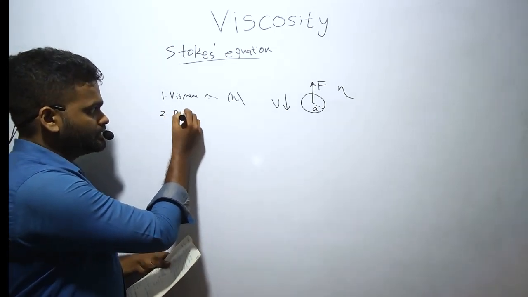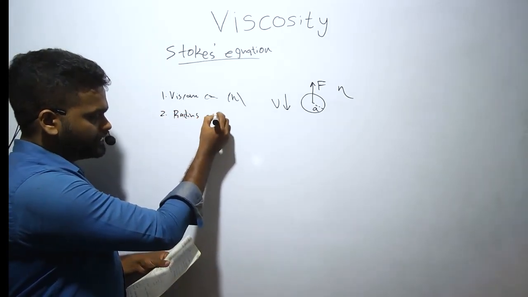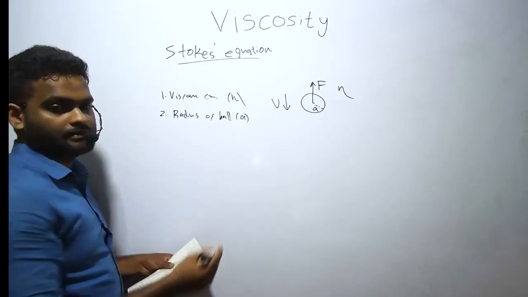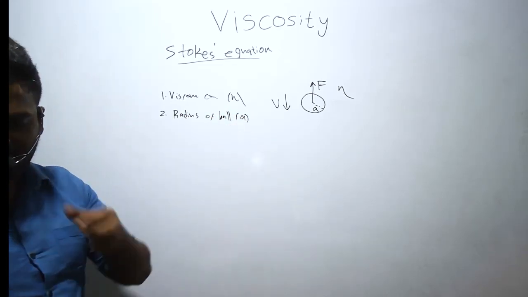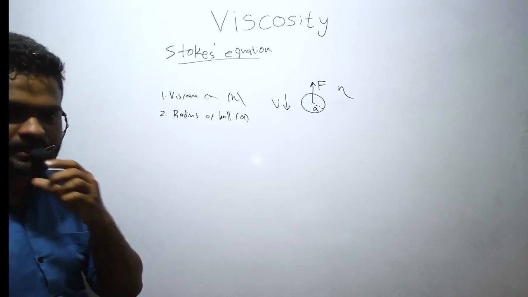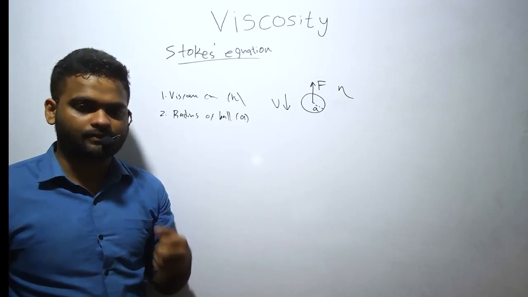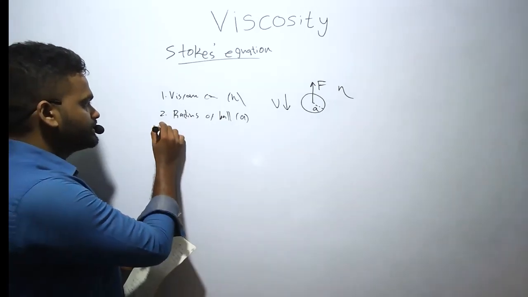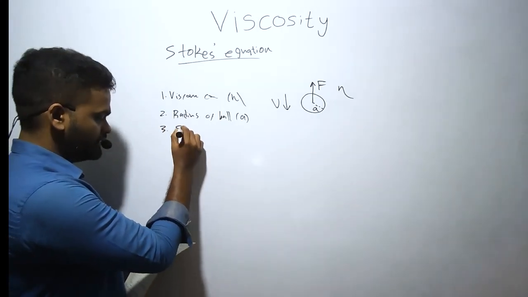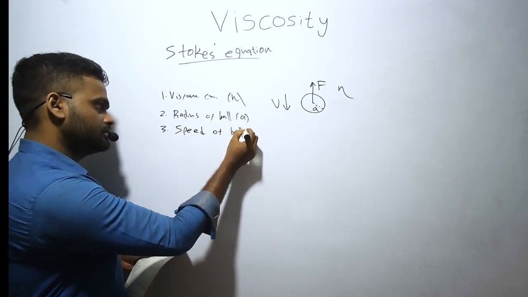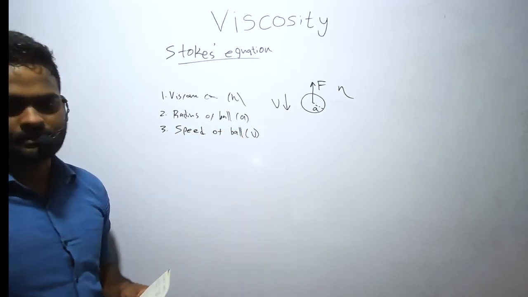Second one, radius of ball, simple a. That is the second one. So these are experimentally found, right? Then third one, speed of ball, simple v.